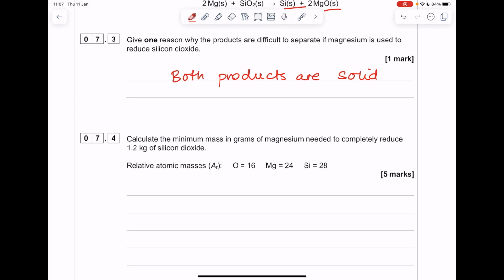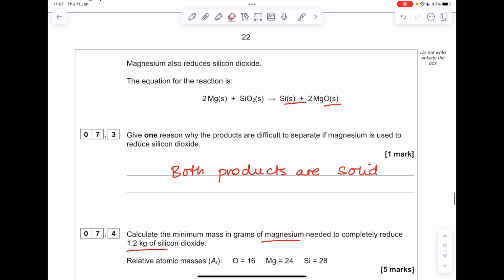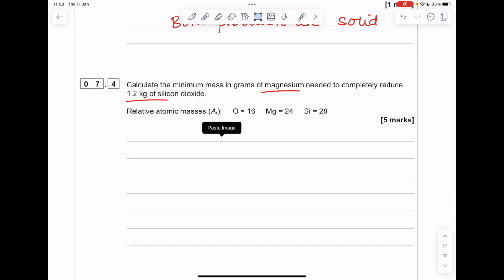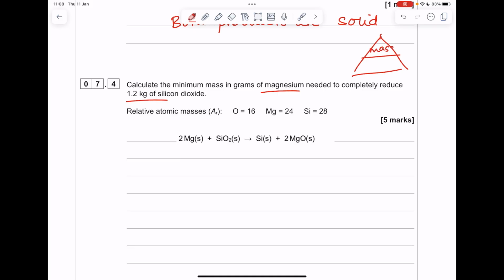Calculate the minimum mass in grams of magnesium needed to completely reduce 1.2 kilograms of SiO2. 5 marks. Okay, so what you want to do, guys, is steal this equation, just copy it out again. You must do this. Give yourself a formula triangle over here, which states that mass is number of moles times Mr, and then get yourself ready with a table.